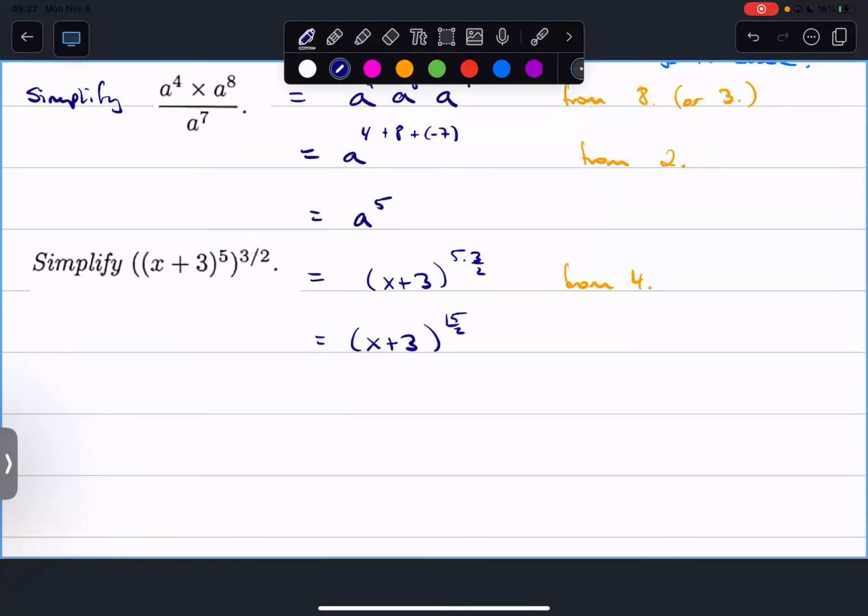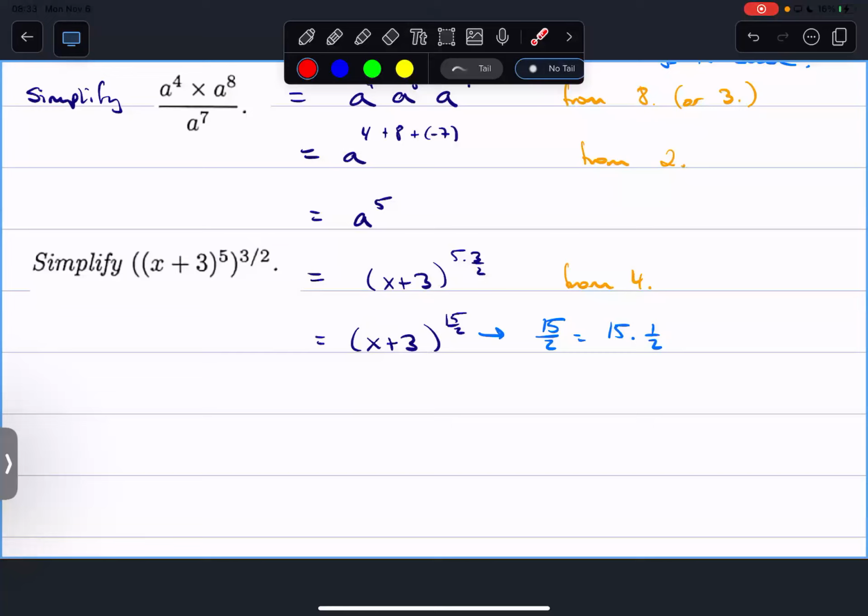So 15 over 2 is 15 times 1 over 2, and as a mid step you could rewrite it as x plus 3 to the power of 15 times 1 over 2.